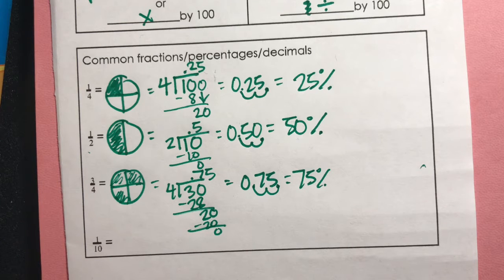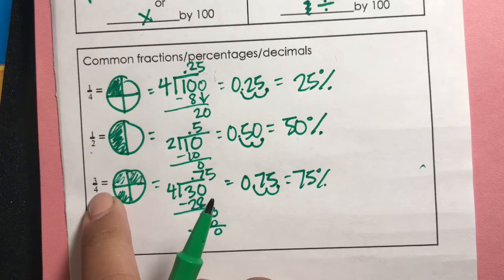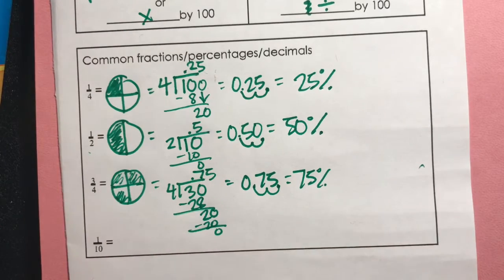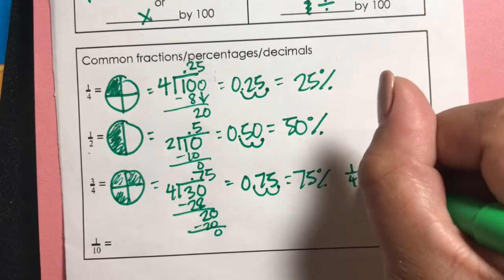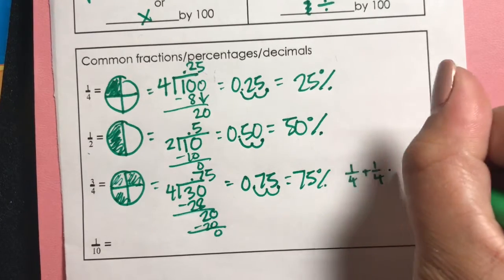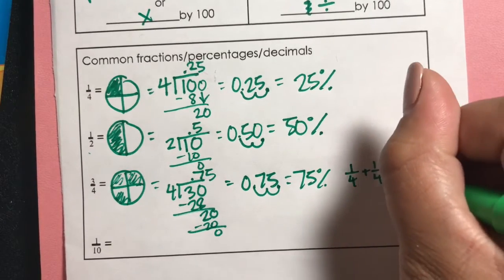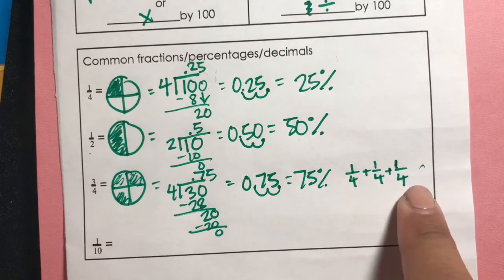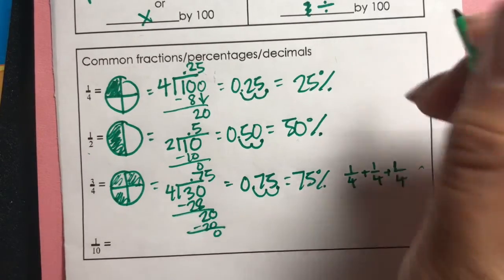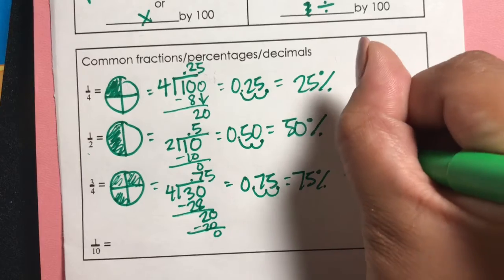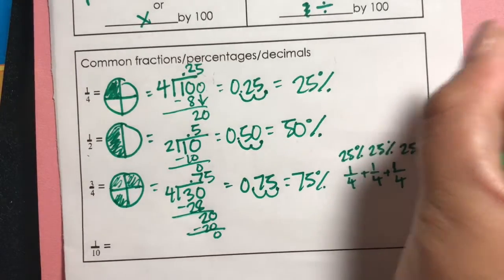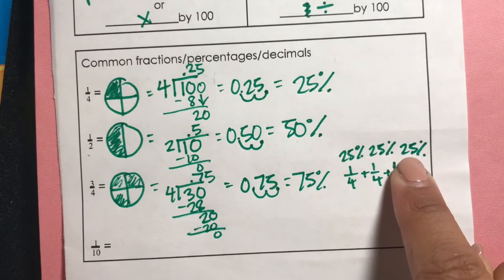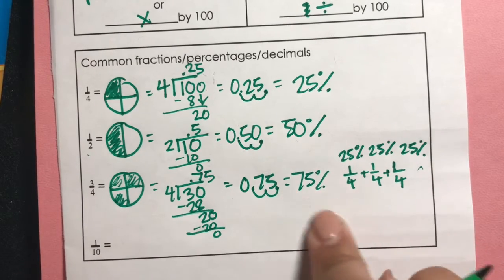They ask for 3/4 cup of flour, I just take my 1/4 cup and multiply it by 3, because 3/4 is the same thing as 1/4 plus 1/4 plus 1/4, because it's just 1/4 multiplied 3 times. Or another way to think of it is 25%, 25%, 25%. Then you multiply 25 times 3 is, you guessed it, 75%.